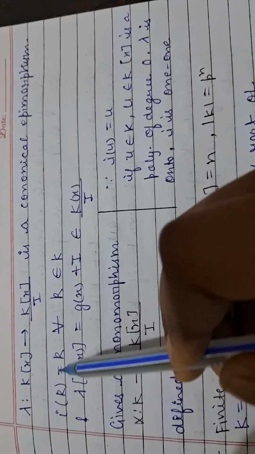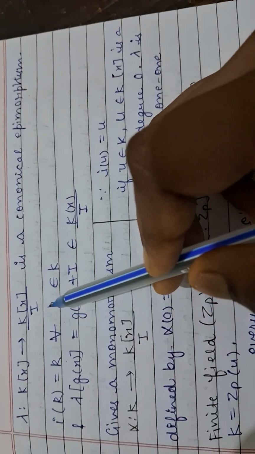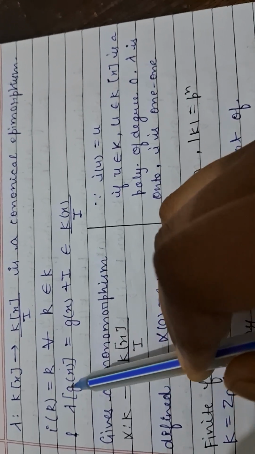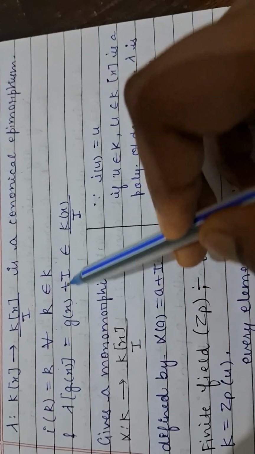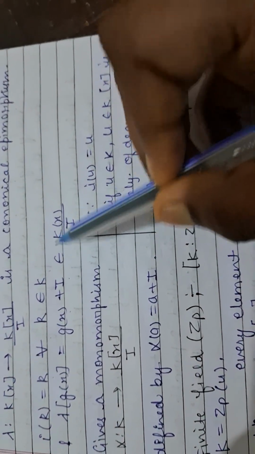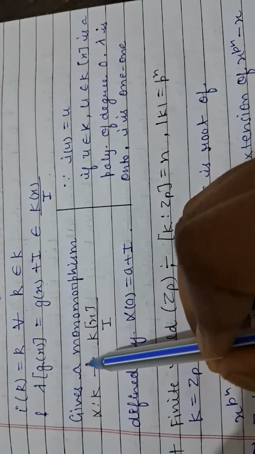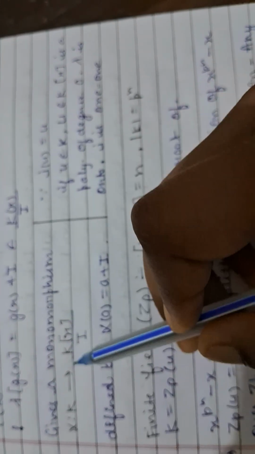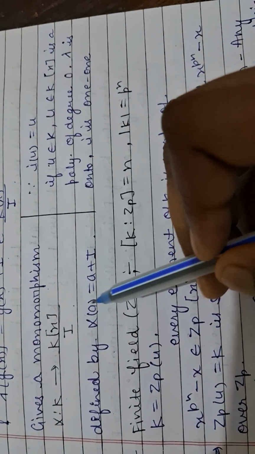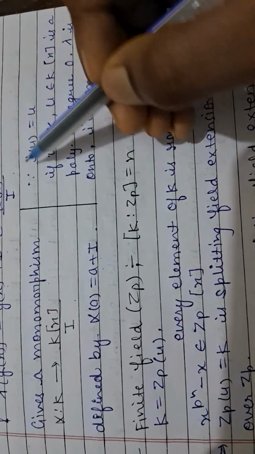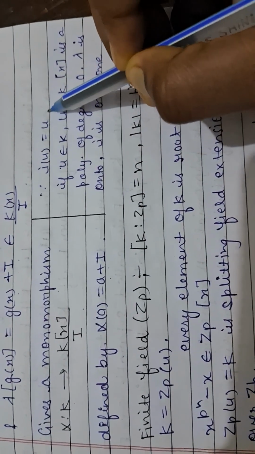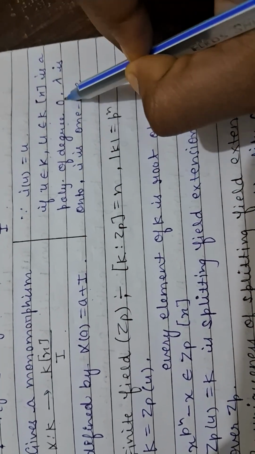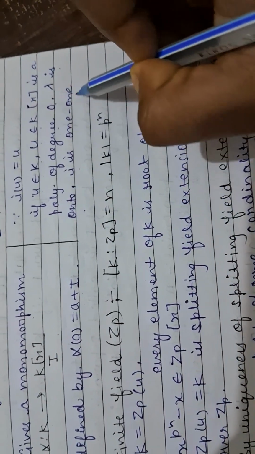Therefore, there exists k which belongs to K, and lambda(g(x)) is equal to g(x) plus I, belongs to K[x] divided by I, giving a monomorphism alpha: K to K[x] divided by I, defined by alpha(a) = a + I, where i(u) is equal to u if u belongs to K and u belongs to K[x] is a polynomial of degree 0, and lambda is onto and i is 1-1.